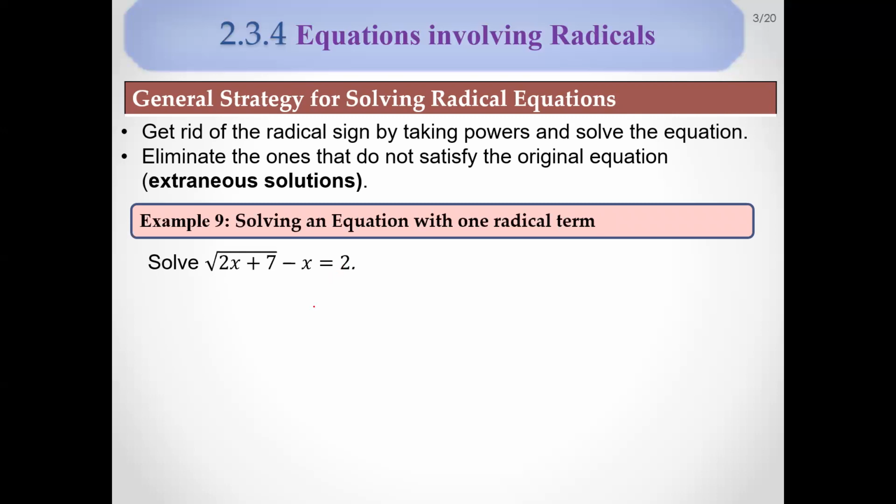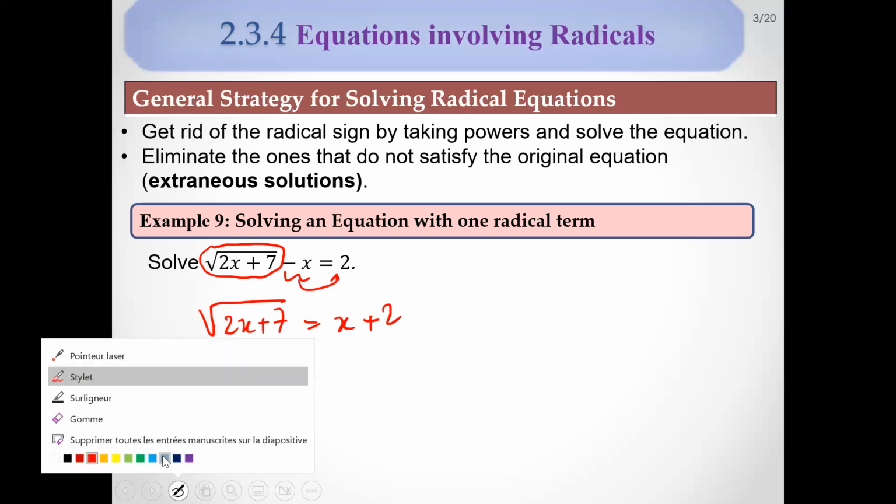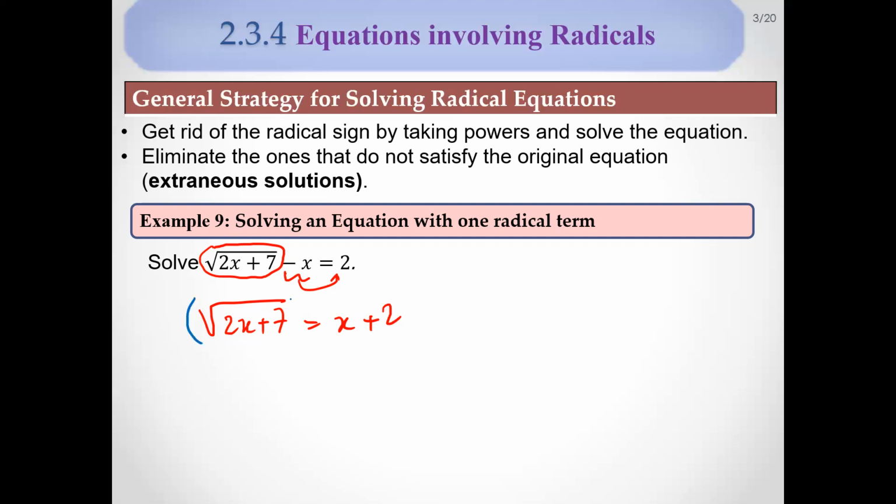This is an example with one radical term. This is the radical term, under the root. So the idea is to isolate this term and remove all other terms to the other side. Then to remove the radical on a square root, we take the square on both sides.